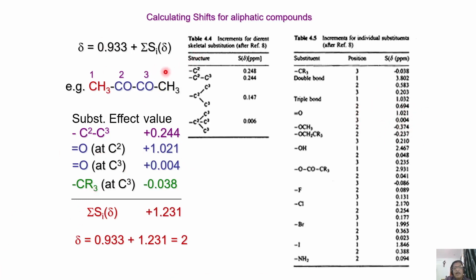For the CH3 group at position 3, you will see minus 0.038. Add up all these values, and this is the base value for this type of molecule. And totally, if you add up everything, you get a chemical shift of approximately 2 ppm for this proton. You understand? The experimental value is around 2.2.